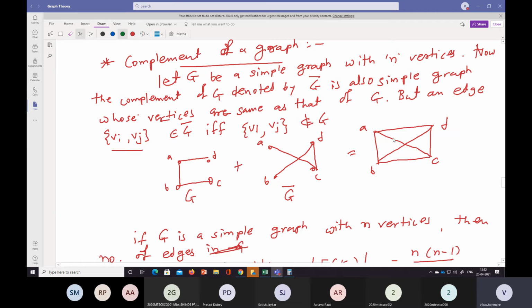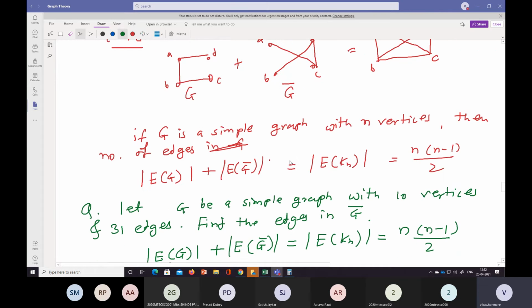Okay, it is equal to complete graph. So whenever we use the complement of the graph, the complement of the graph is the opposite of the normal graph.